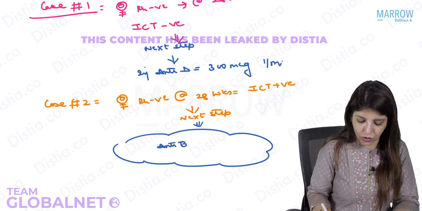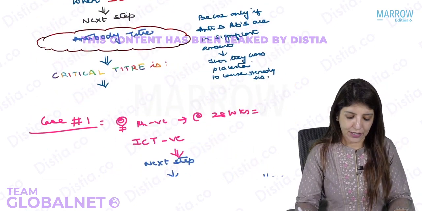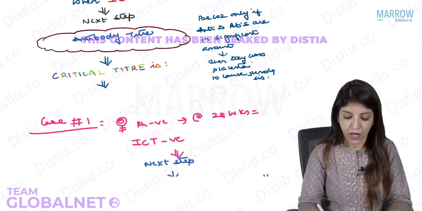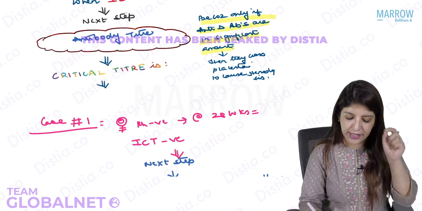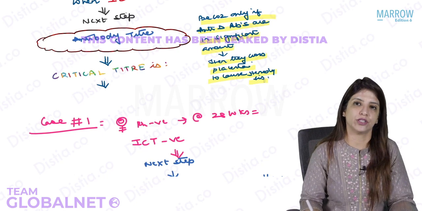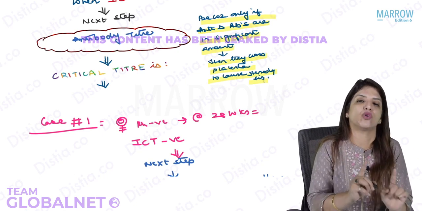Are you understanding, all of you? No one is going to make this mistake. Yes? So now my next step is antibody titer. Why am I doing antibody titer? Because only if anti-D antibodies are in significant amount, then they cross the placenta to cause hemolysis. So now I want to see whether they are in significant amount or not.